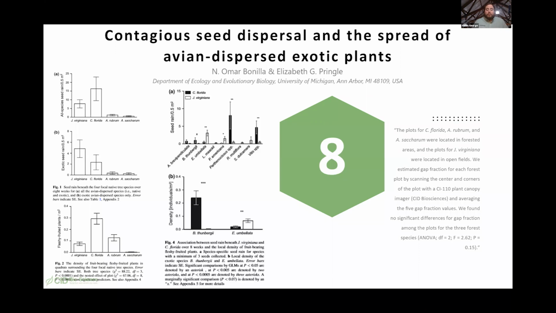I thought it was a really cool use of the CI-110, to make sure that their data was as robust as possible, that there were no confounding variables. They used the 110 to eliminate the chance of influence from different canopy covers and different densities of canopies within these forests where they were investigating the seed dispersal and the spread of these exotic plants.